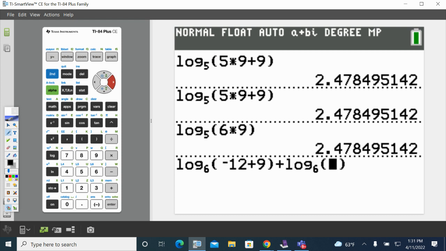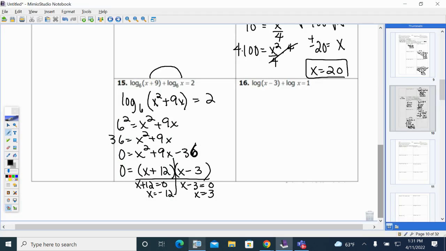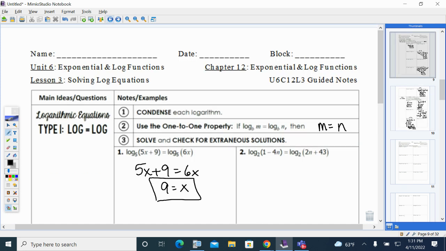And x, again, I'm using the negative 12. So notice that when I'm checking this, I'm going to stick that negative 12 in to both x's. And then when I check it, what's going to happen is we get this I. And that can't happen. So what that means is that the negative 12 does not work and x is only equal to 3. So those are your notes for chapter 12, lesson number 3.